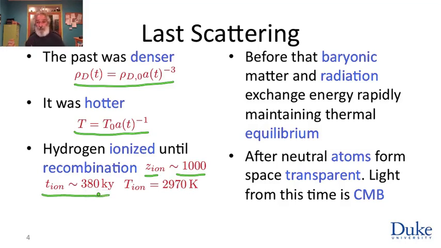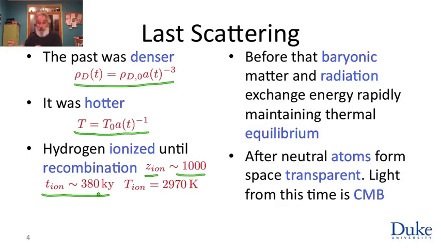Because before this time, remember, the baryons in the universe consisted of a plasma, a dense plasma with a density of 10 to the 9, so 1 billion times denser than the quarter proton per cubic meter that we have now. And that plasma of charged particles was interacting, therefore, very strongly with the radiation field.